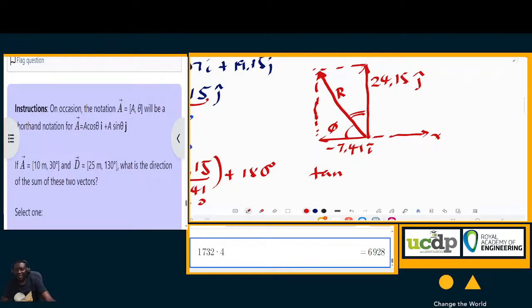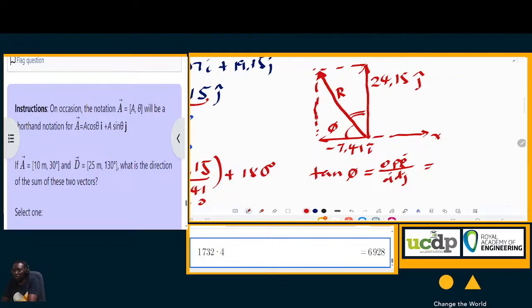Wonderful. Okay. Right. So what am I saying? If we have phi as this angle, we know that tan theta is equal to opposite over adjacent. This is what you have always sung since you were born. Opposite over adjacent, right?